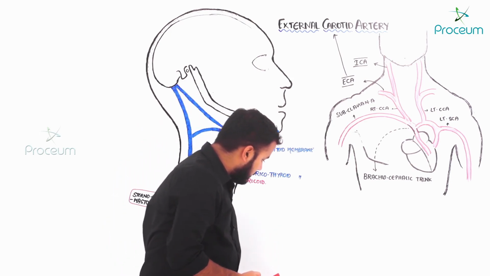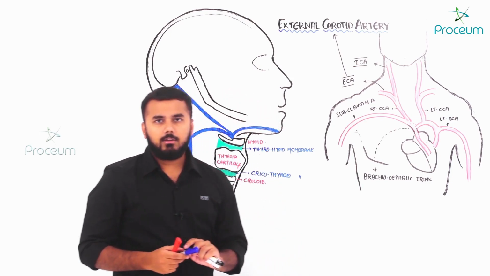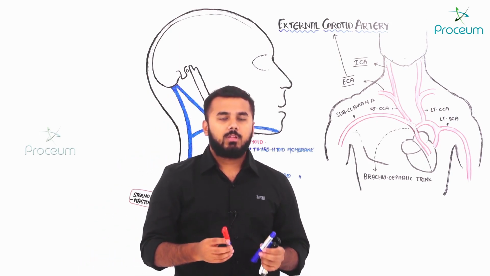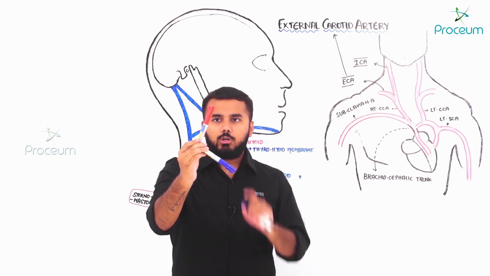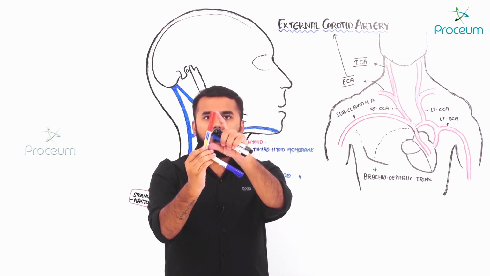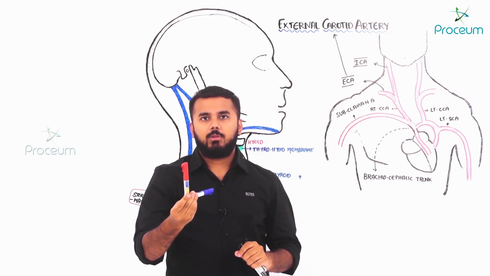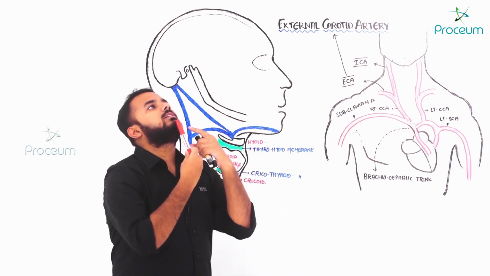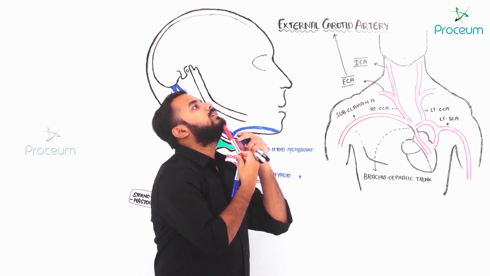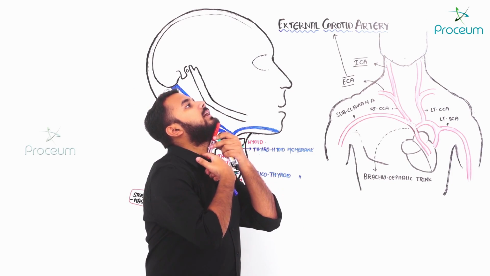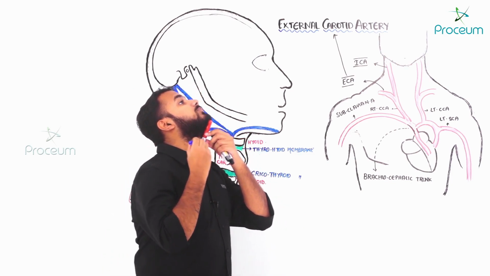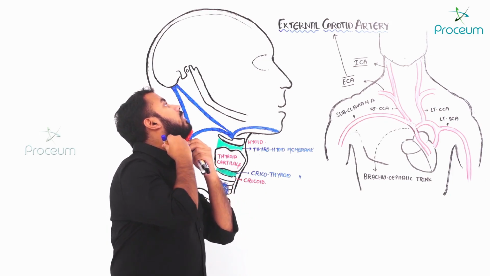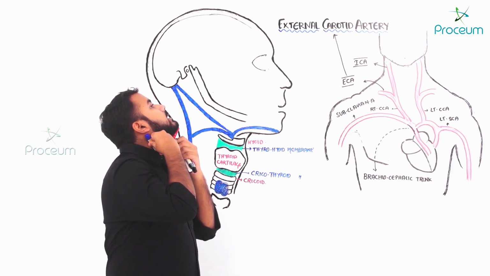What I am trying to tell you is that this muscle actually has two parts. This is the first part, this is the second part. The first part starts from the mental process and goes and attaches to your hyoid bone. The second part starts from the hyoid bone and goes and attaches to your mastoid process.